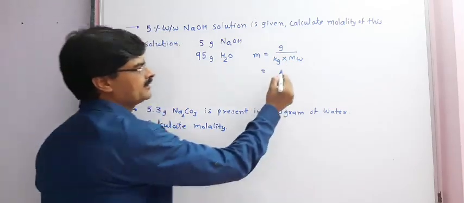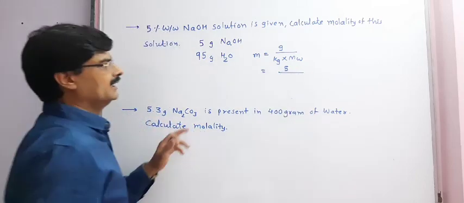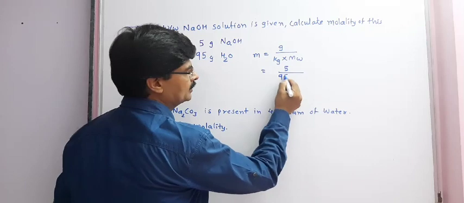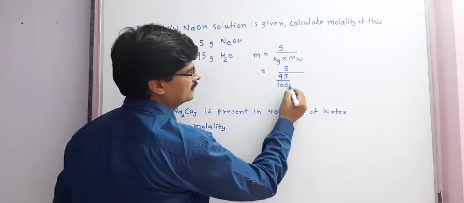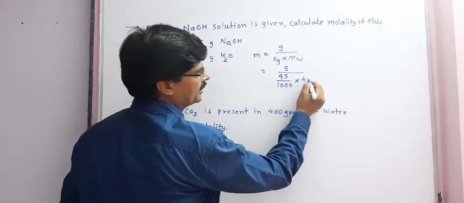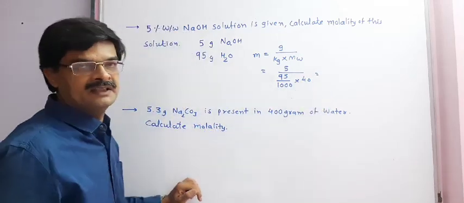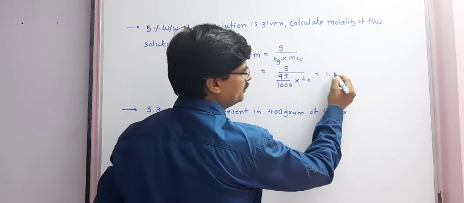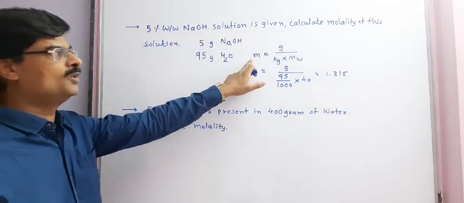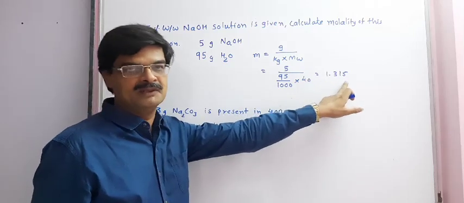Gram of NaOH is given 5 and of water it is 95 gram. So 95 divided by 1000 into molar mass of NaOH is 40. On solving this, we will get 1.315. Nearly answer of molarity will be 1.315.